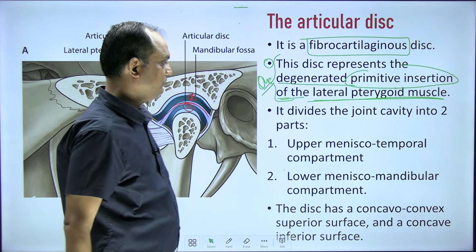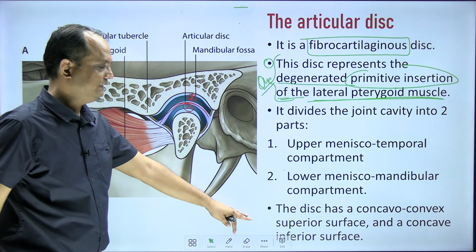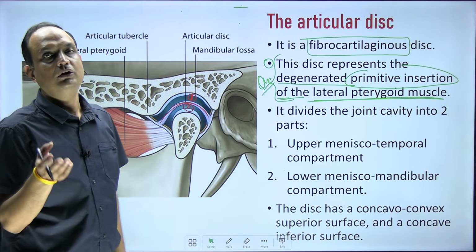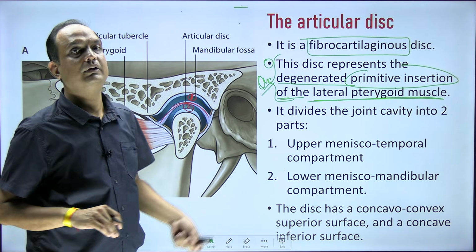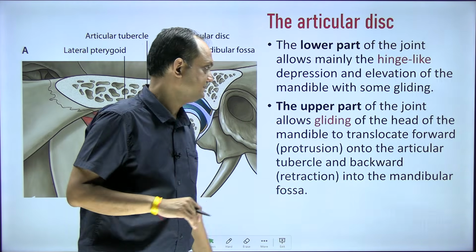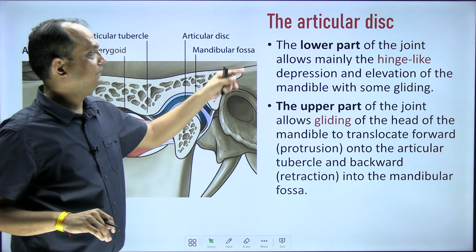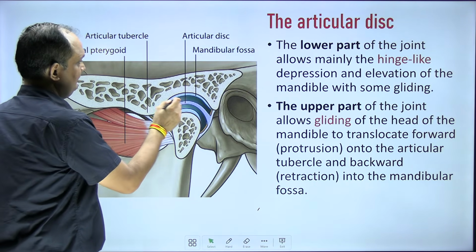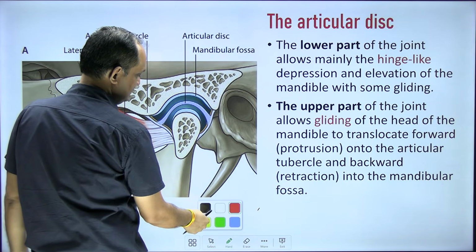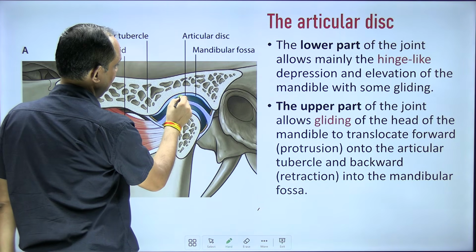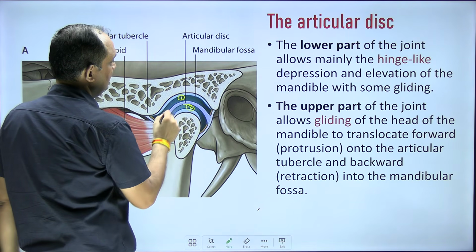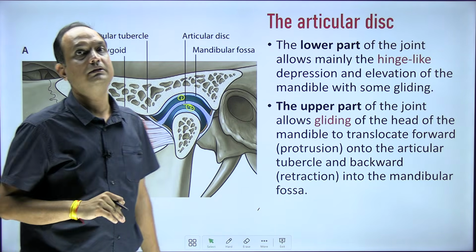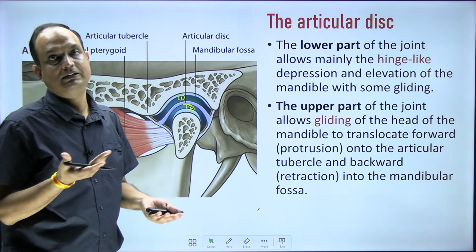The disc has a concavo-convex superior surface and a concave inferior surface, to accommodate the shape of the respective articular surfaces. This area is very important for your question. With the upper and lower compartments, this type of arrangement in the joint allows more movements.